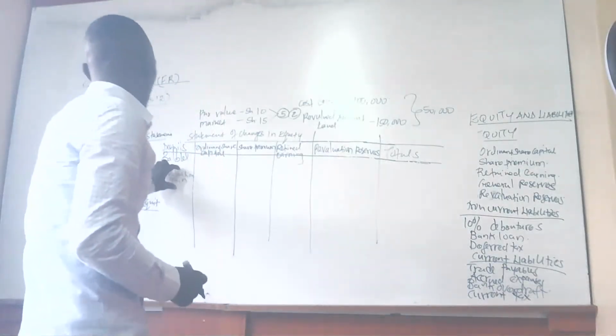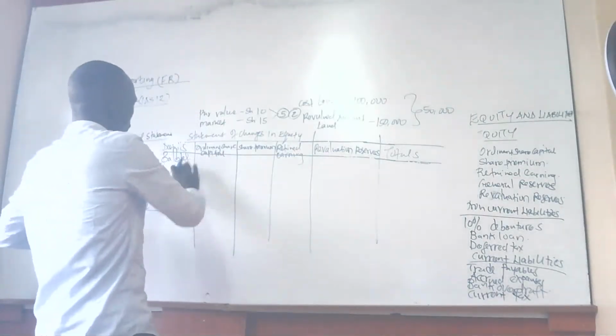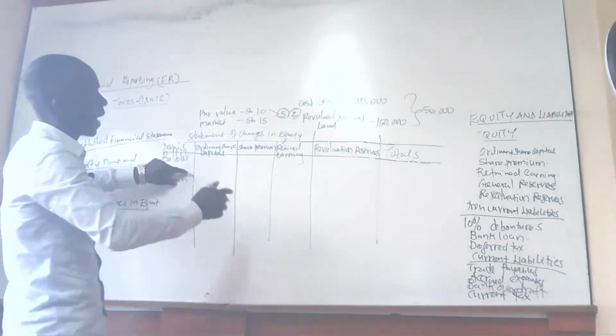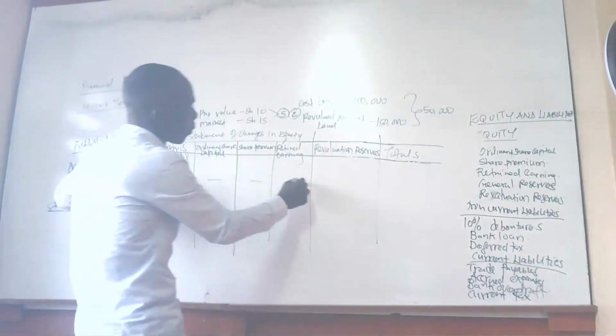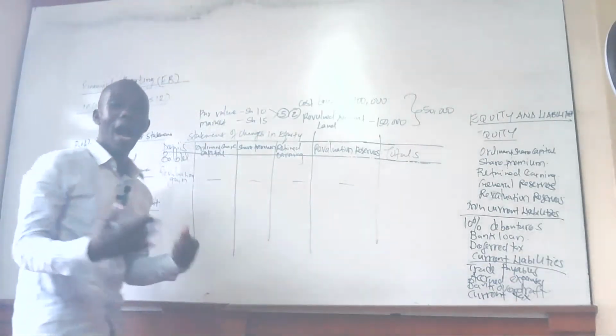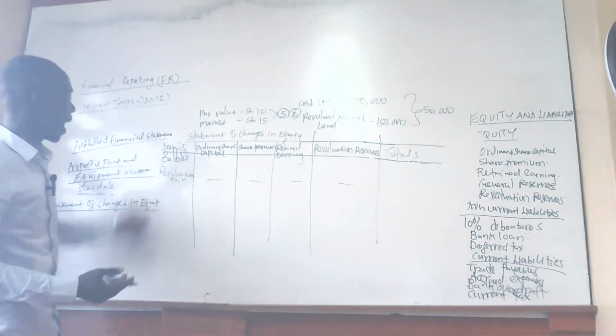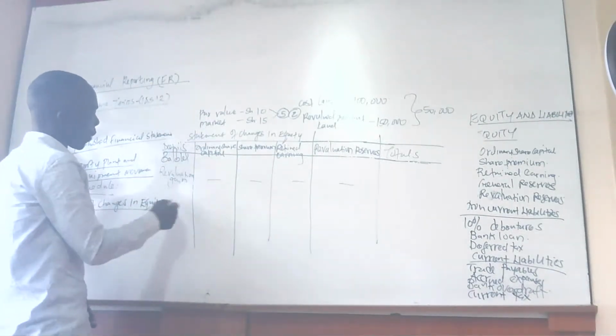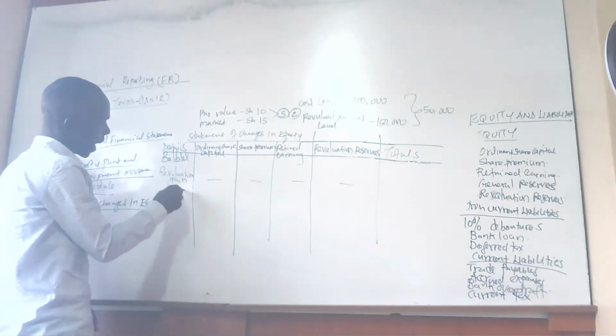So therefore, you just take whatever that gain is, and you put it in its class. So then at the end, we can get the balance carried down.